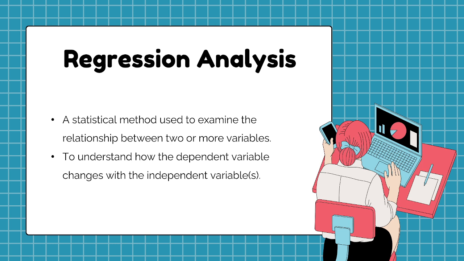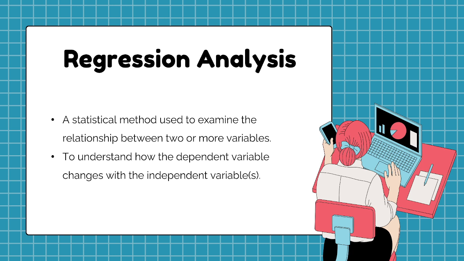If we already find out there is a correlation, and the correlation is quite strong, either a strong positive correlation or a strong negative correlation, we can proceed with this regression analysis to find out further about the relationship.